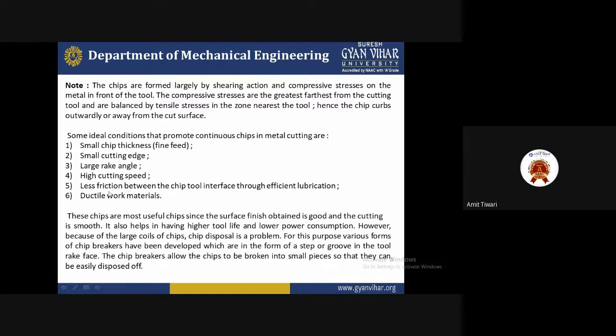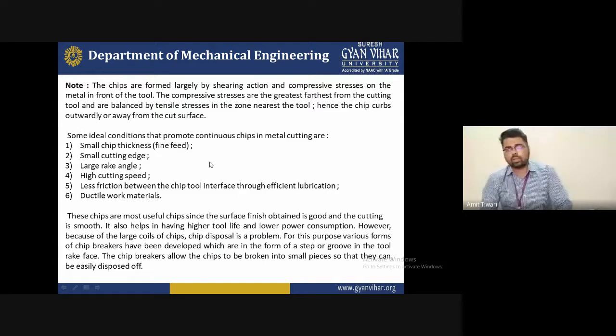And the fifth one is less friction at the chip-tool interface through efficient lubrication. We require less friction at the chip-tool interface, and efficient lubrication for maintaining the temperature of the chip-tool interface zone. Otherwise, if we do not maintain the chip-tool interface temperature, it will increase built-up edge formation, which is not desirable for good machinability.